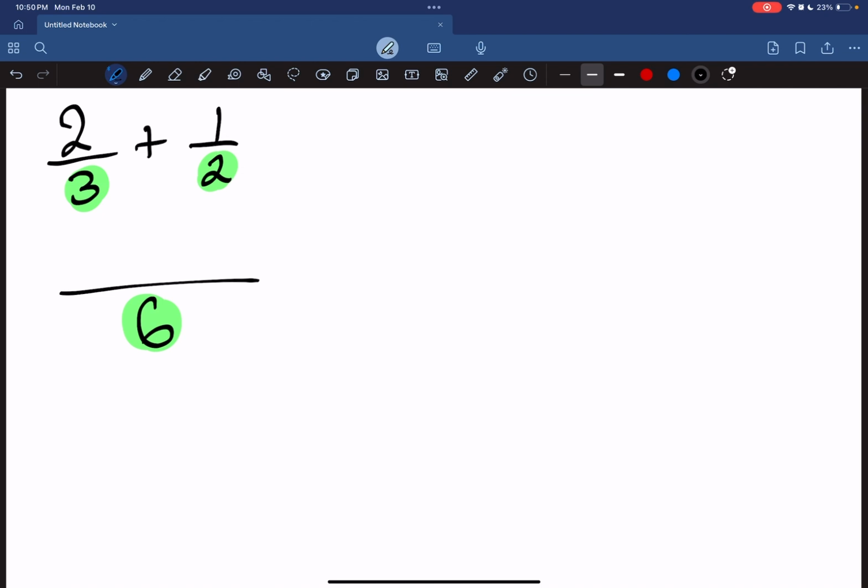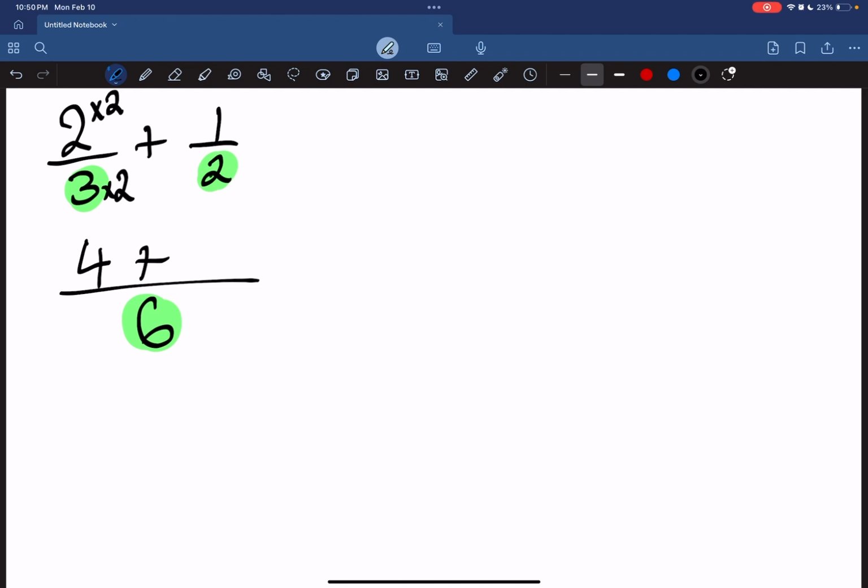From that, all I've done is that I know that my common denominator is 6. What did I multiply the 3 by to get 6? I multiplied by 2 to get 6. So whatever I multiply the denominator by, I multiply the numerator by also. 2 times 2, that's going to give us 4. So that represents our first fraction up at the top. Same thing over here.